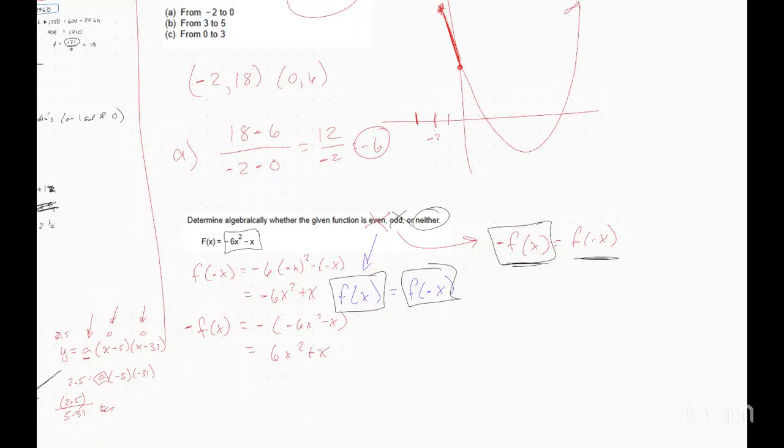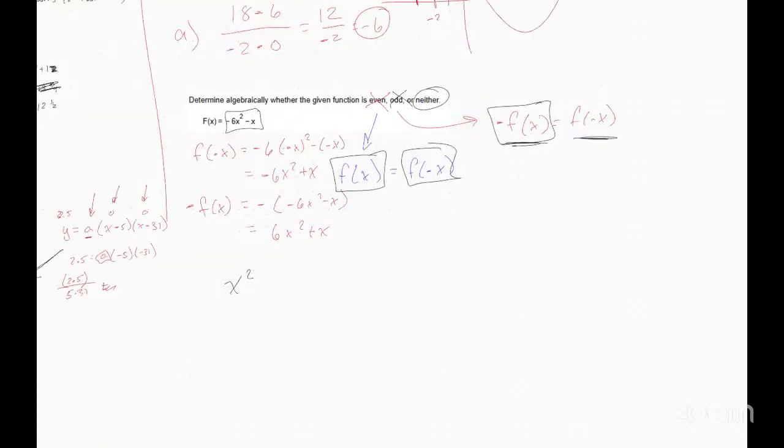So let's take another example. x squared plus 3. What kind of function is that? This is a quadratic. Right, but is it even, odd, or neither? It's even, because f of negative x also equals x squared plus 3.